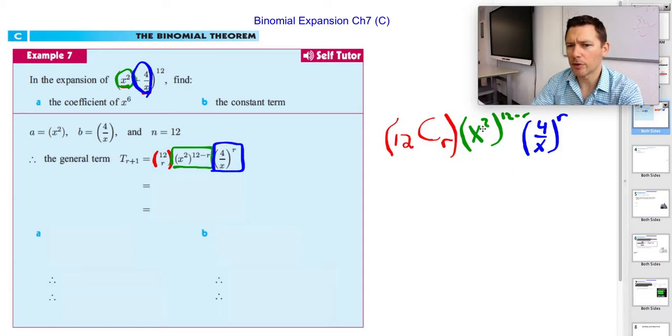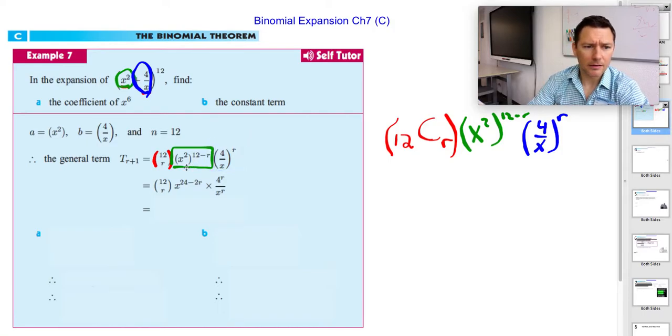You can clean this up a little bit. If you multiply the 2 into the 12 minus r, and also the r goes onto the 4 and the x in the denominator. So with your mathematical prowess, you can clean this green piece up into this just by distributing the 12. You're multiplying the exponents, because it's a power on a power, so this just distributes in there, and the r distributes into the numerator and denominator.